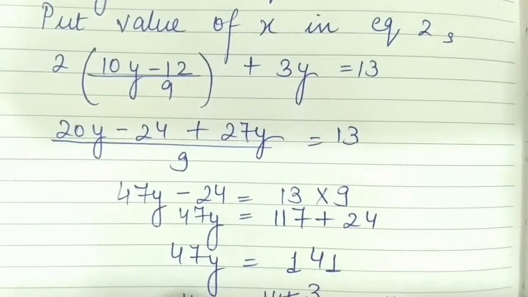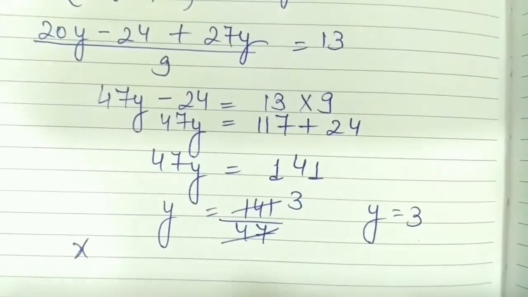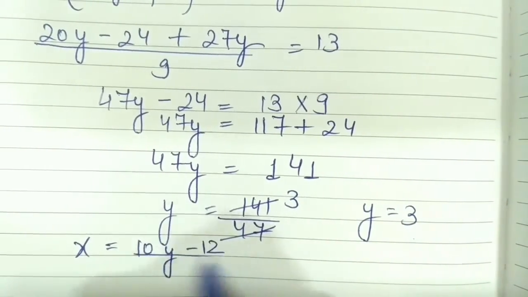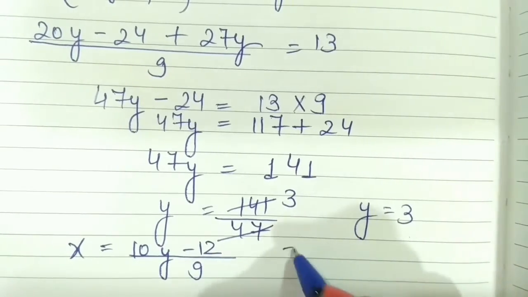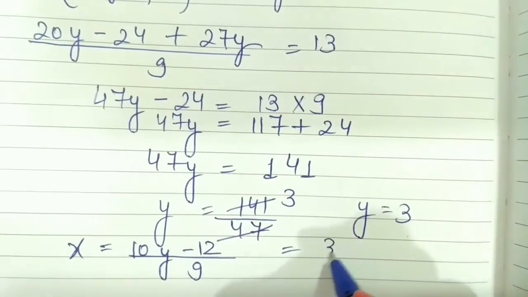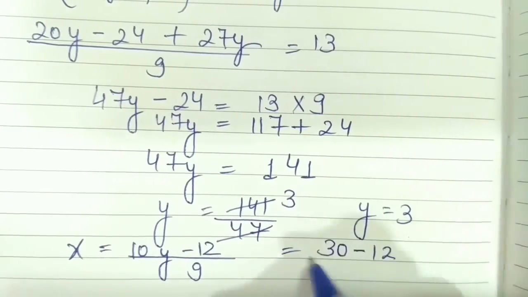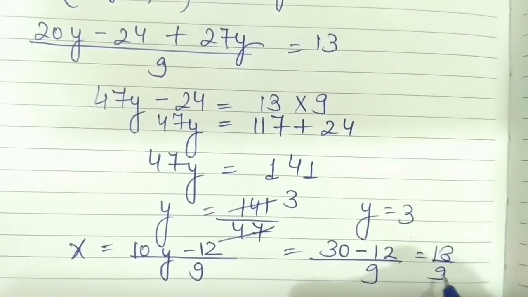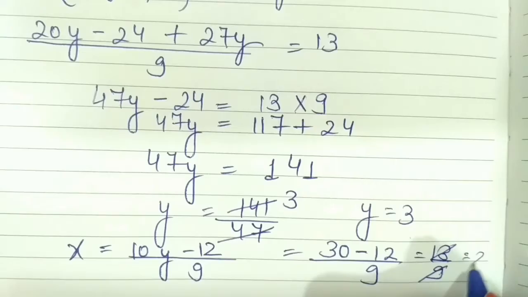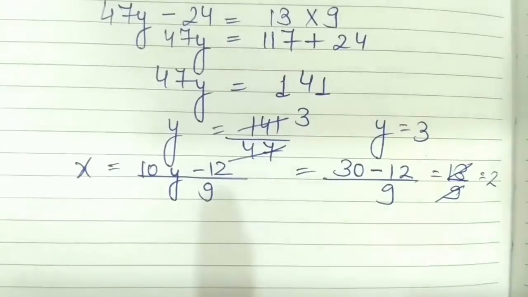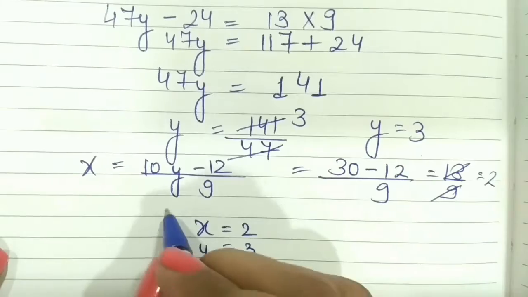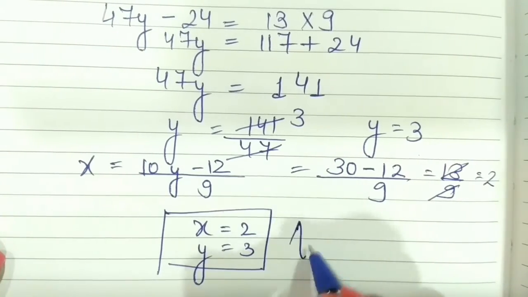So x was 10y minus 12 upon 9. 10 multiplied by 3 will be 30. 30 minus 12 upon 9, that is 18 upon 9. So the value of x will be 2. The solution of this question is x equals 2 and y equals 3.